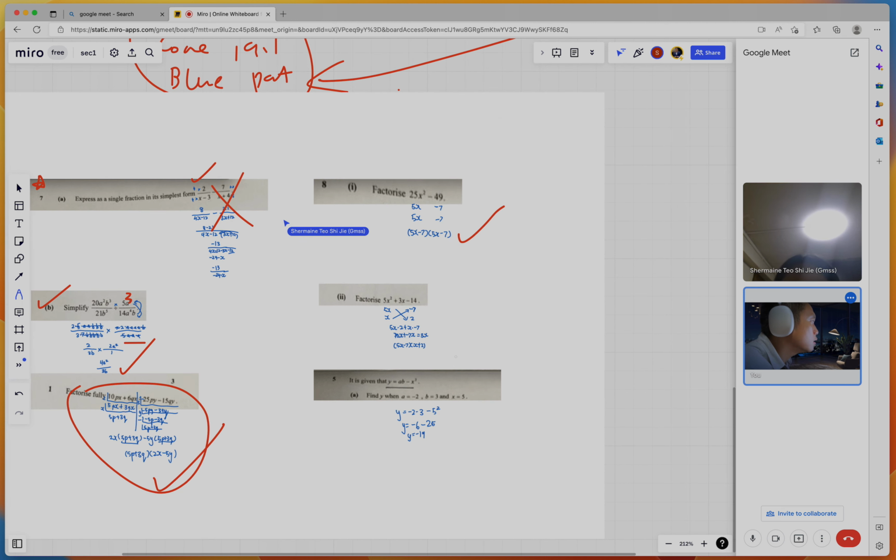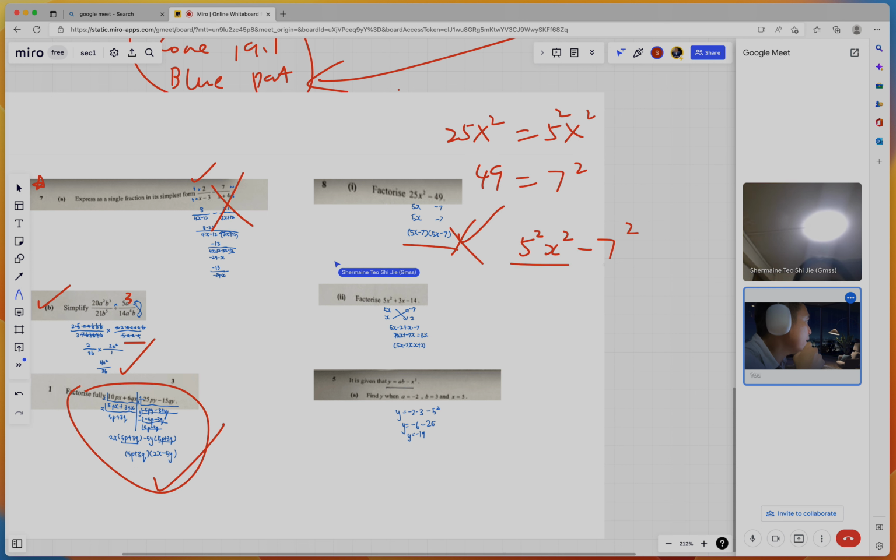Very good. Hey, you forgot this question already. Wrong. 25x squared is what? 5x squared, 5 squared x squared. 49 is 7 squared, right? Yeah. So what do you have in the end? 5 squared x squared minus 7 squared. You make everything into square. And what formula do you use?